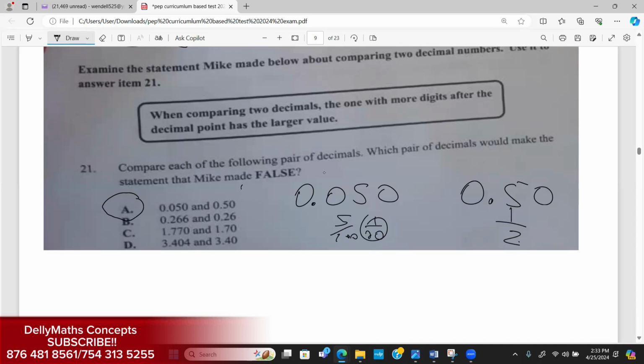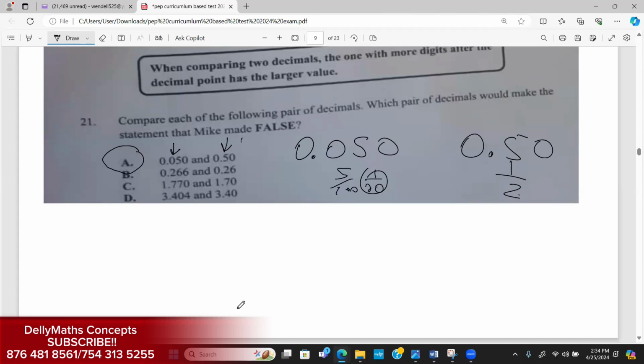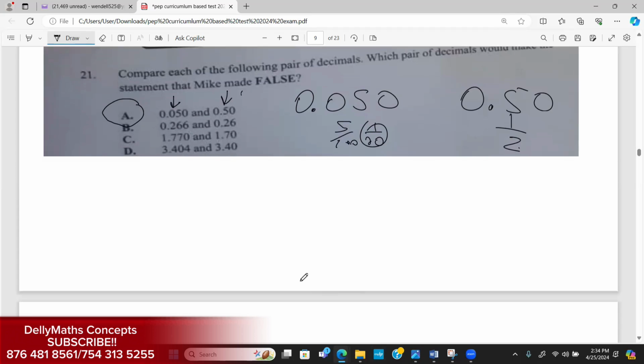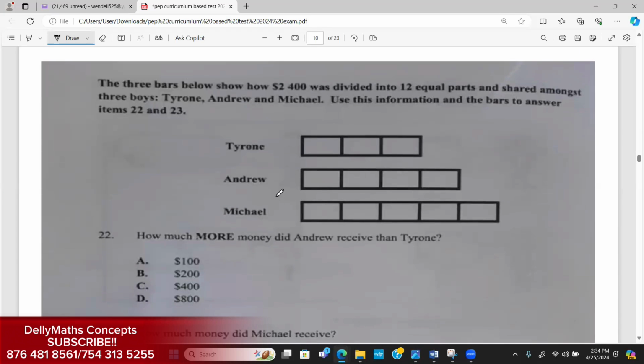So you could see, look at it. The first digit after the point is a 0. The first digit after the point here is a 5. So obviously, this is telling Mike that his statement is not correct. A is showing you that, no, it's not about that. It's about the value of the digits, rather than how many digits are after the point. So let us keep going.